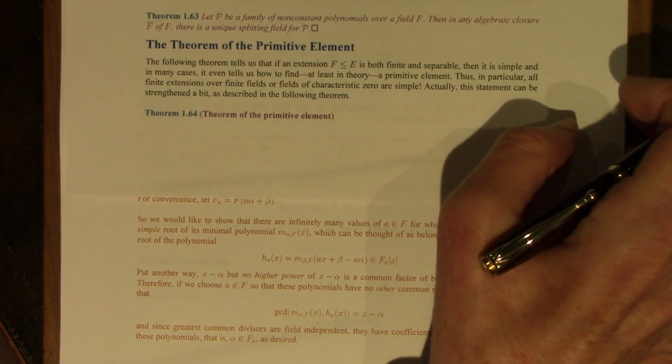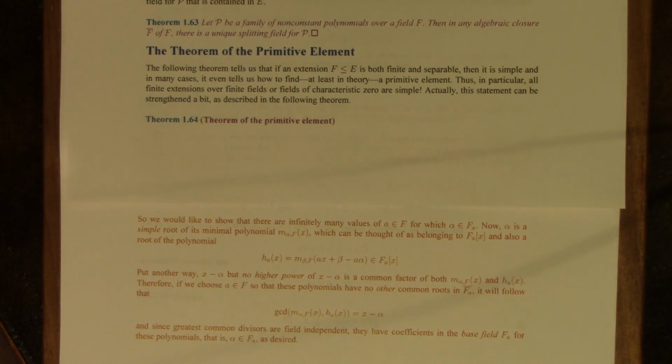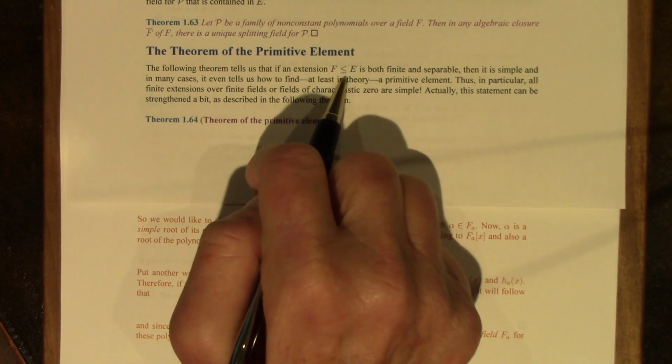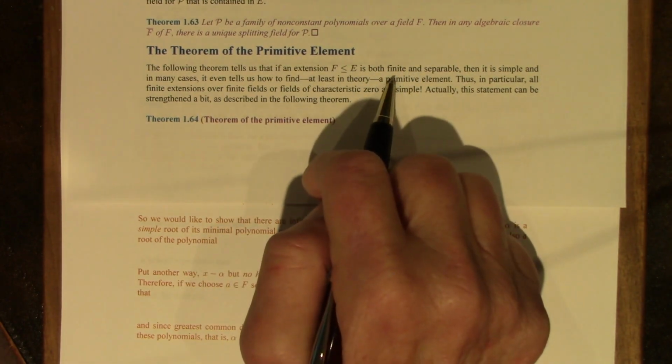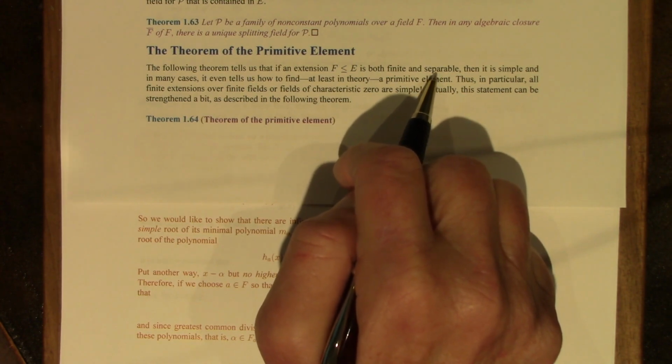Now a discussion of a theorem known as the theorem of the primitive element. This theorem tells us that if we have a field extension, F E, that is both finite and separable, then it must be simple, generated by a single element.